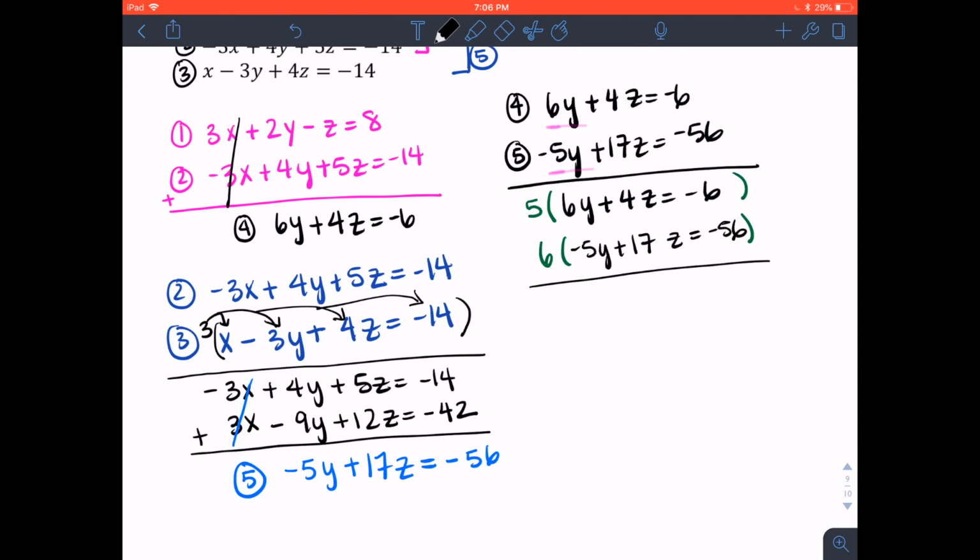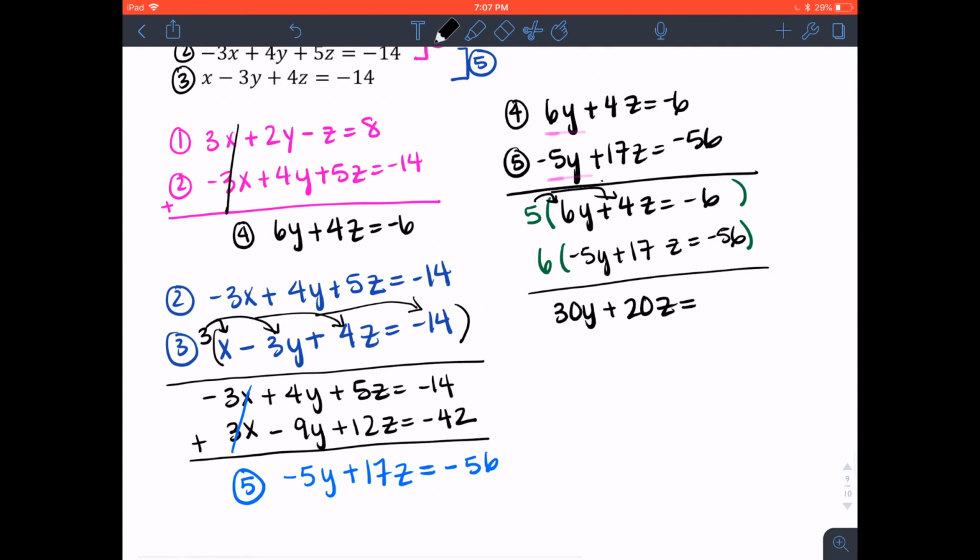So working this out here, we have 5 times 6, which is 30y. 5 times 4, which is 20z, equals 5 times negative 6, which is negative 30.